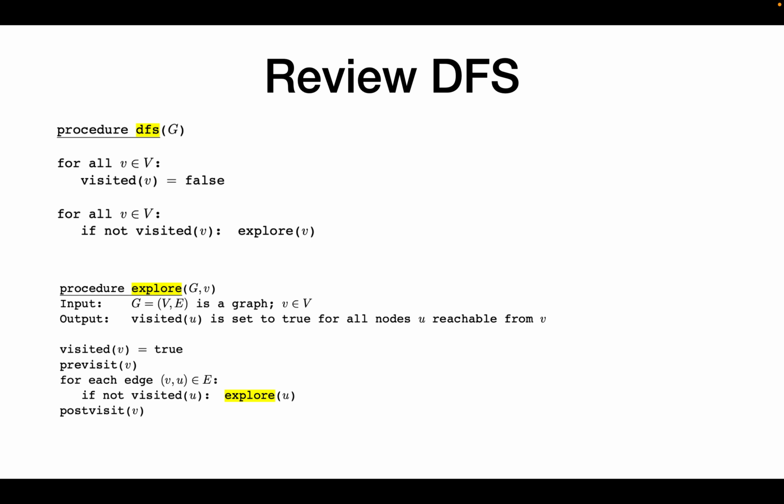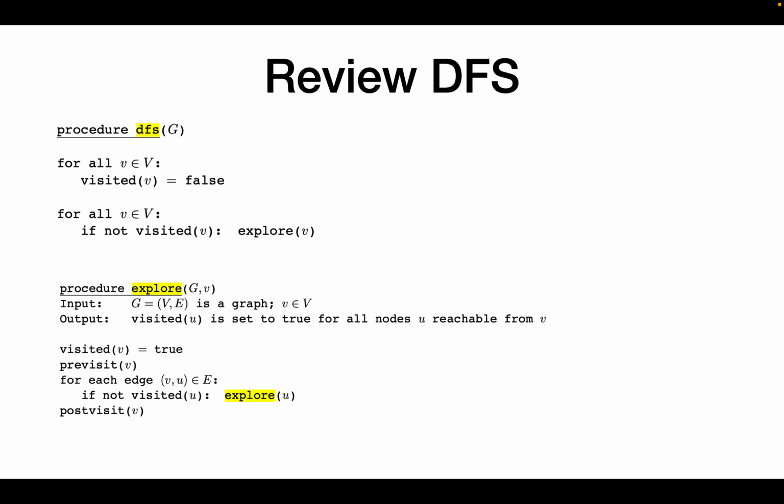All right, so now you have to understand what is explore. So explore is a subroutine of DFS, and it's given a graph G and a starting vertex V. Mark that start vertex as visited. Then, for each edge from that vertex to a neighbor, if the neighbor is not visited, explore from that neighbor.